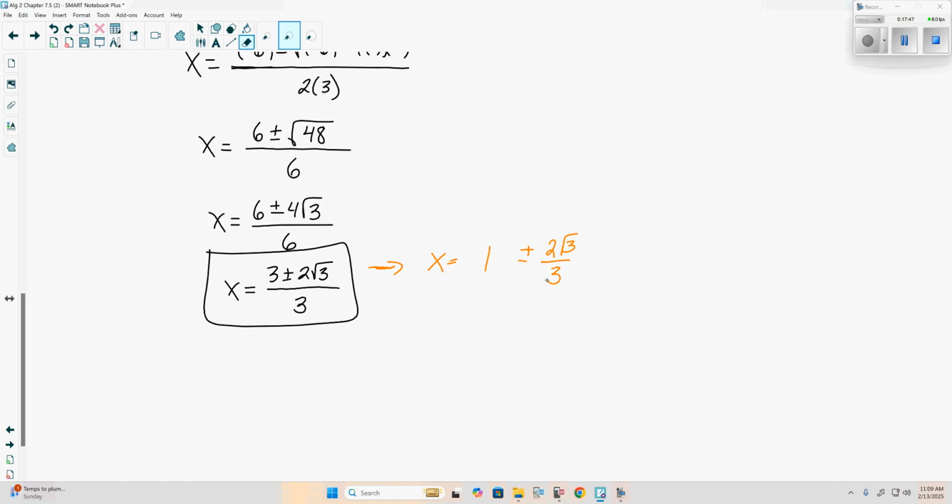That's not going to reduce, so we just have plus or minus 2 square roots of 3 over 3. Is that any simpler than the answer we had? No. So that's all we need. Is that one of our restrictions? No. So both of those work.